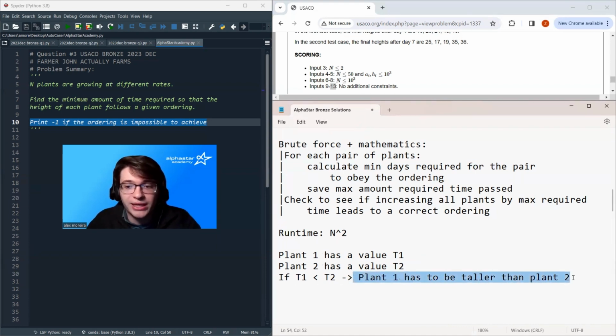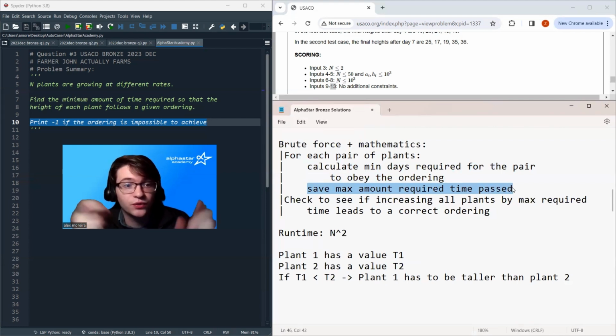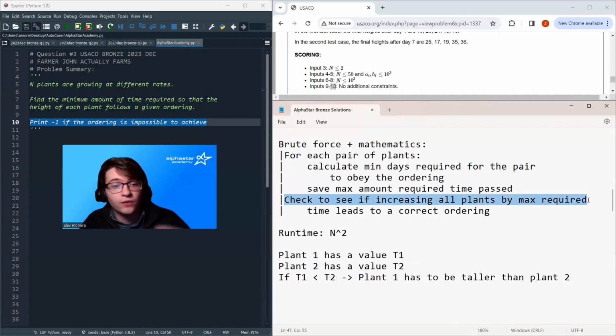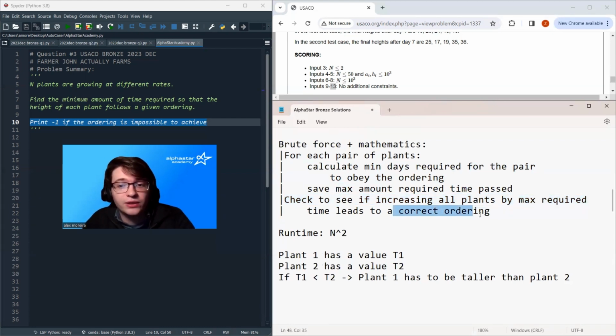So my goal would be to calculate the first moment in time where plant 1 is taller than plant 2. And then across all pairs of plants, I save the max amount of time required to correct that particular pair. And then once I've corrected all pairs, I loop over every single plant, increase it by this max amount of time required, and then check if it leads to a correct ordering.